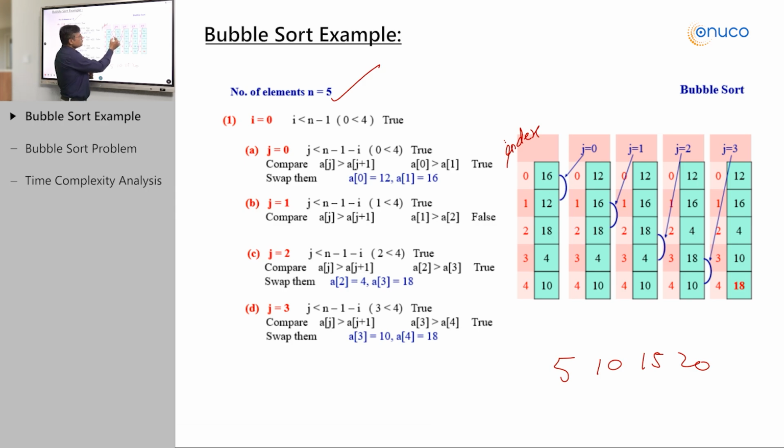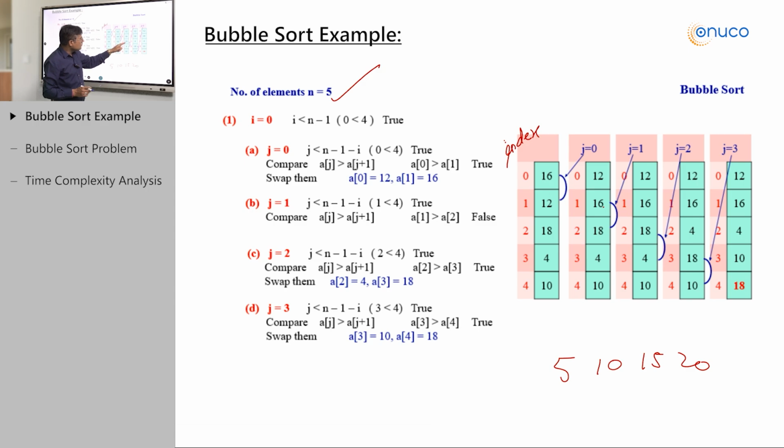So definitely we need to swap it, and 12 will go to the first position and 16 will go to the second position. Similarly, in the next step, we compare 16 and 18. You will see that 16 is lesser than 18. Is swapping needed? No. We are not going to exchange the values because 18 is larger than 16.